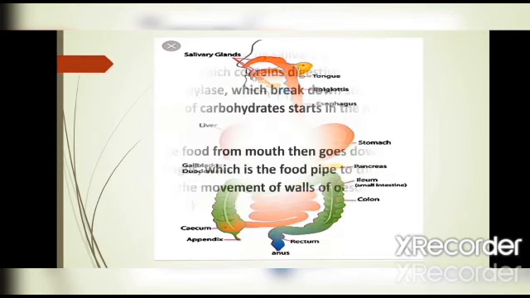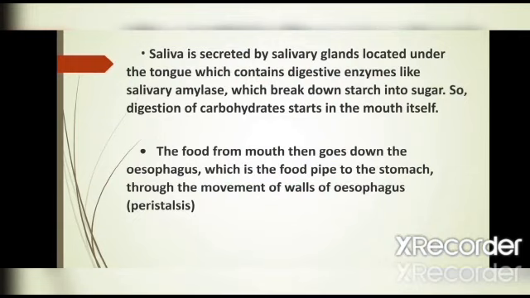Let's see the mechanism of digestion in the human digestive system. Saliva is secreted by salivary gland located under the tongue, which contains digestive enzyme like salivary amylase, which breaks down starch into sugar. So digestion of carbohydrate starts in the mouth itself.